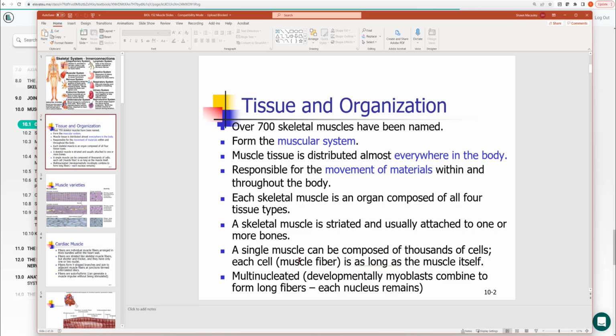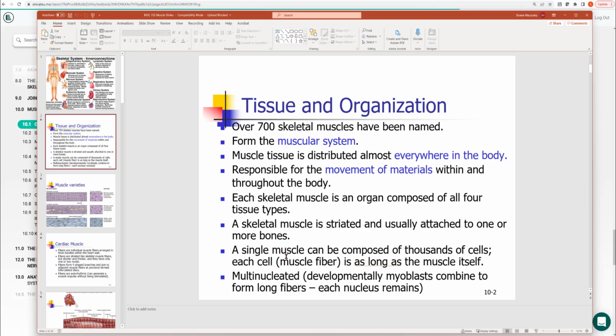So if you think about your sartorius muscle, a long strapping muscle in the thigh, in a taller person that muscle can easily be 12 inches long. That means that the cells in that muscle are also 12 inches long. So muscle cells, aka muscle fibers, can be very, very long.